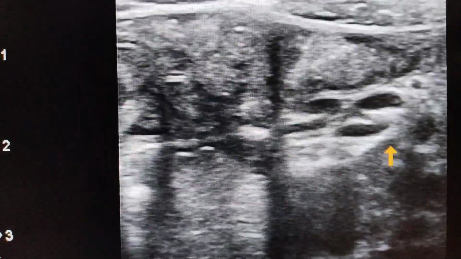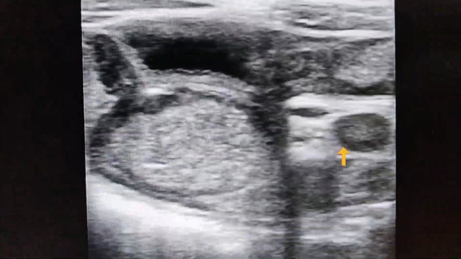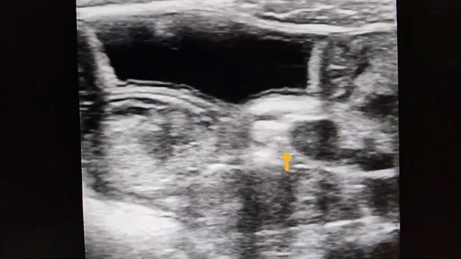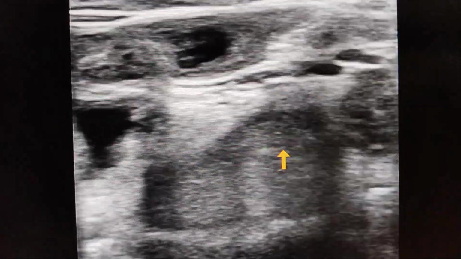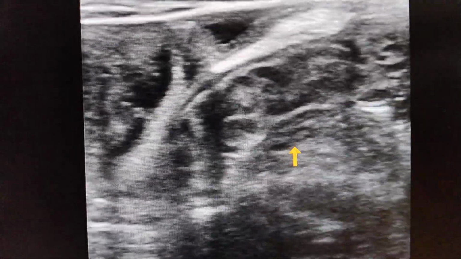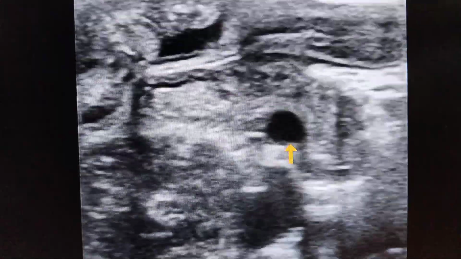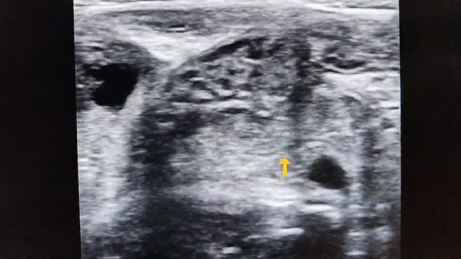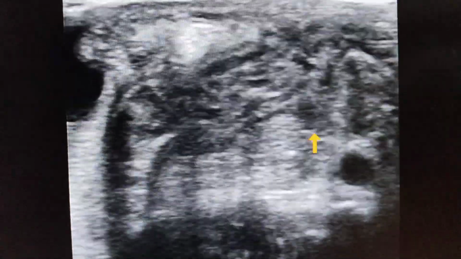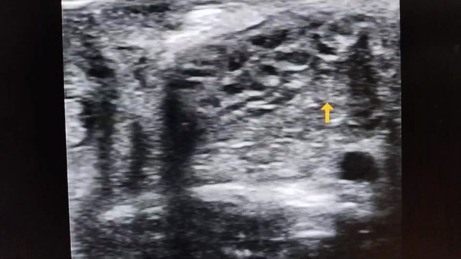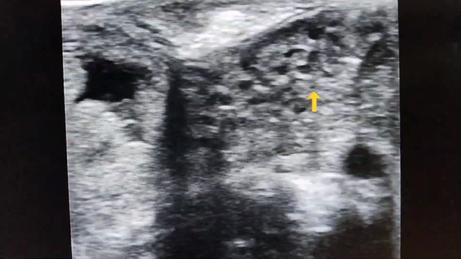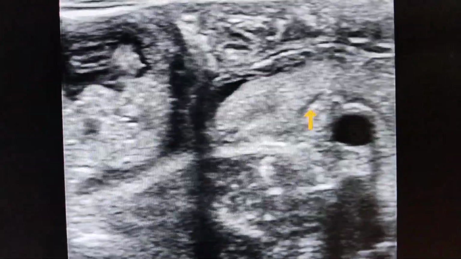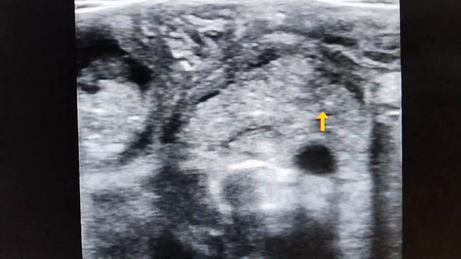Here is another lymph node. And now I have reached the ileal loops. This ileal loop is also hyperperistaltic.